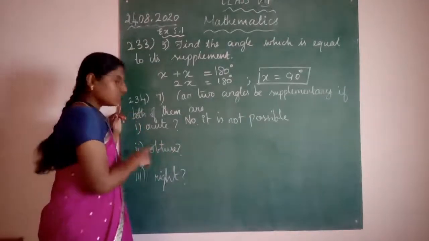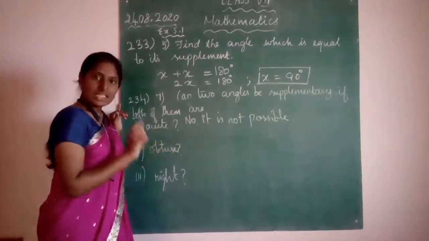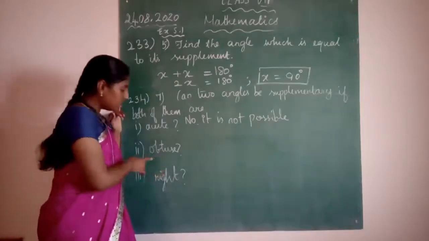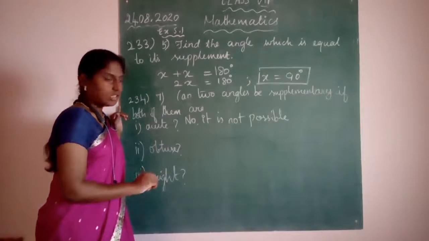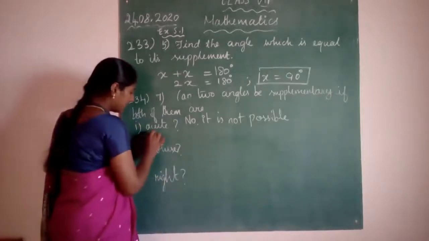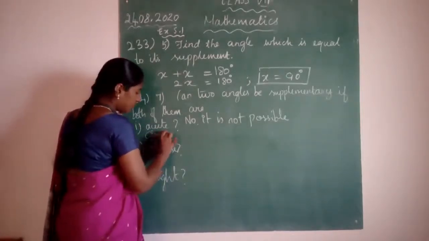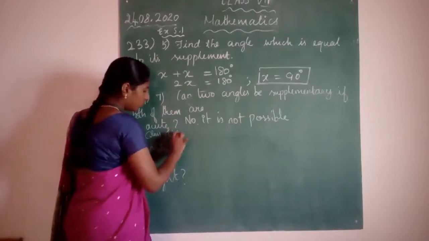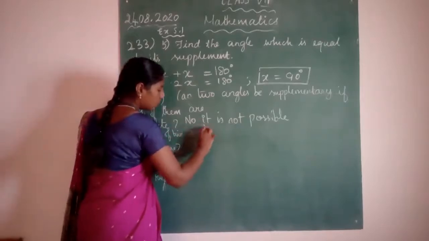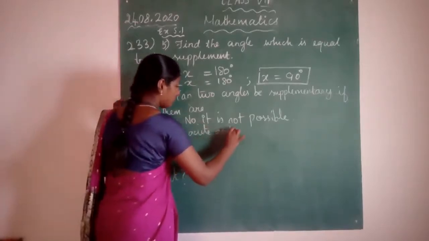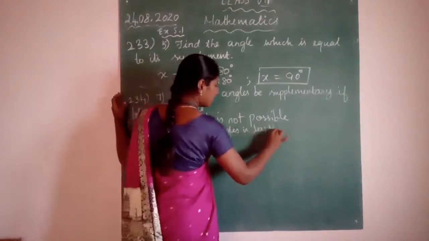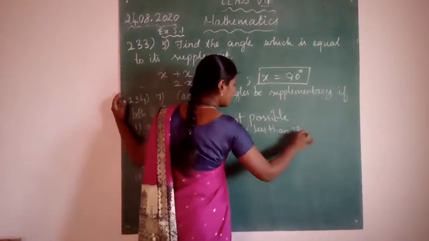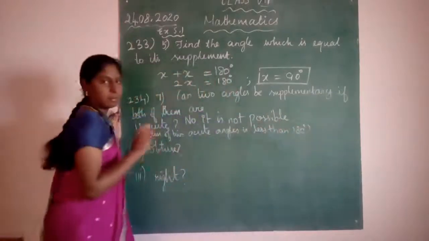For the first one, the sum is less than 180, but here the sum is more than 180. So you can write here in the bracket, sum of two acute angles is less than 180 degrees. That is, it cannot be supplementary.